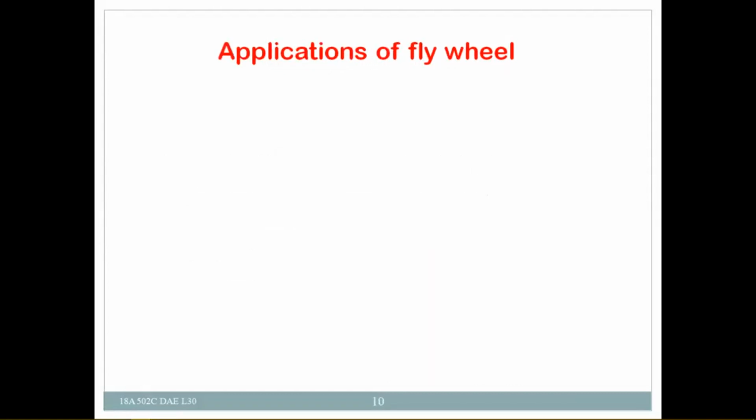Next, the applications of the flywheel, where we are going to use it. As we are already aware, number one, the flywheel is used in punching machines, punching presses, or riveting machines.